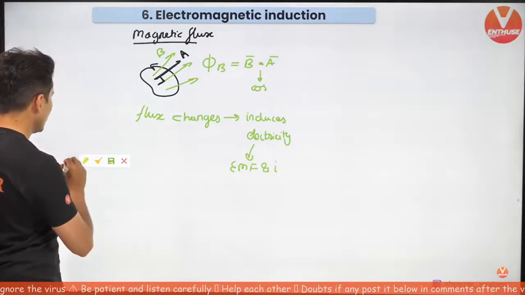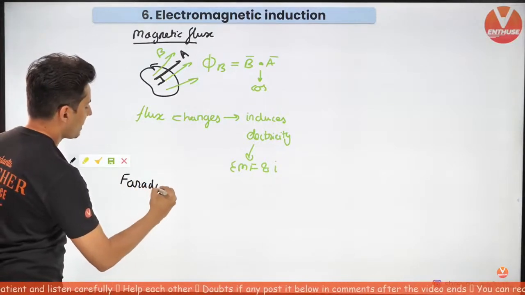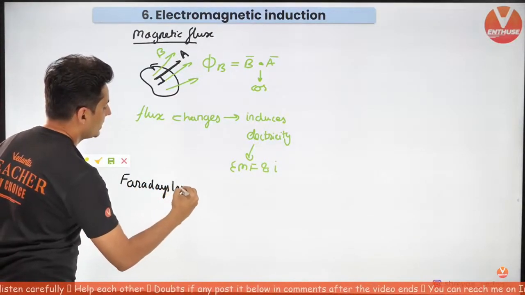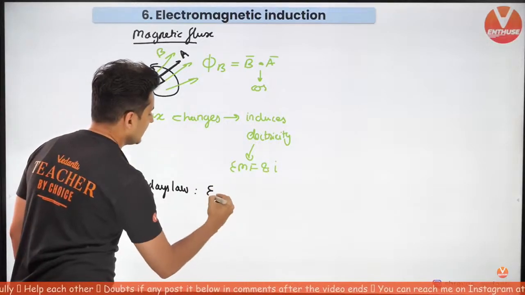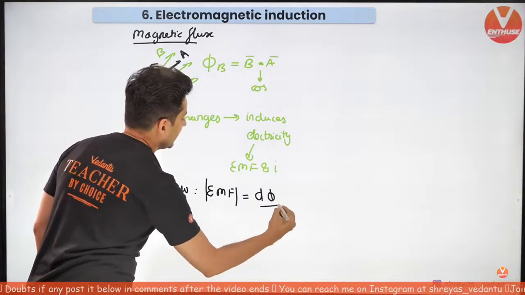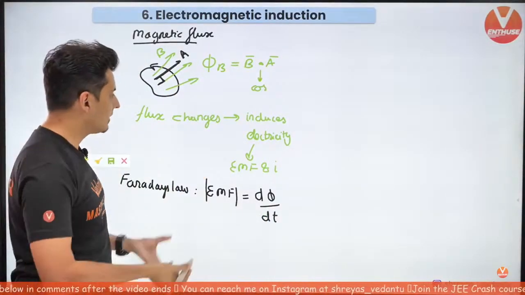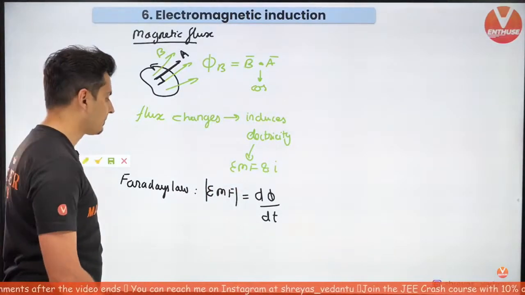So what is the formula for induced EMF? That is given by Faraday's law. Faraday's law just says that the magnitude of that EMF is d phi by dt, the rate of change of flux, how quickly that flux changes in that given time.